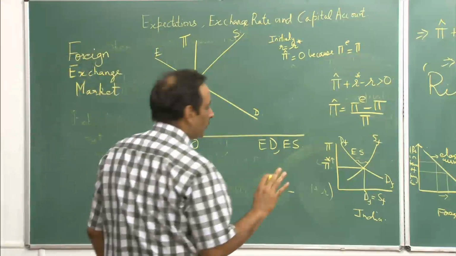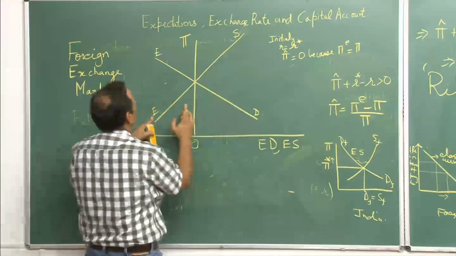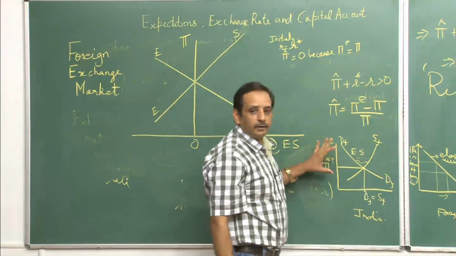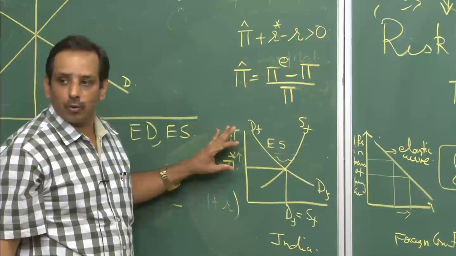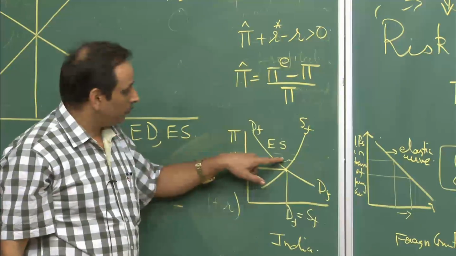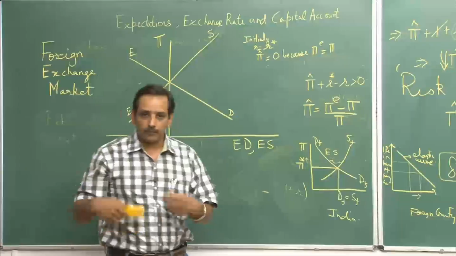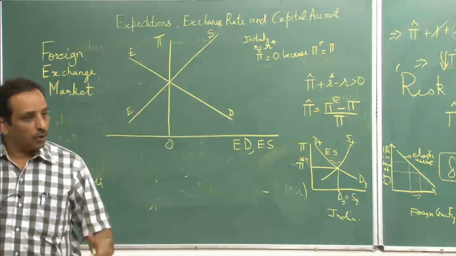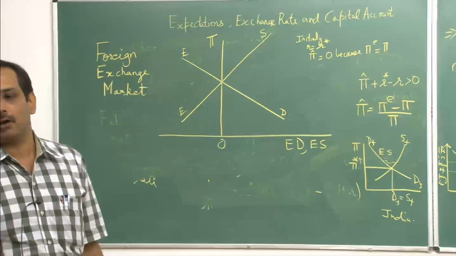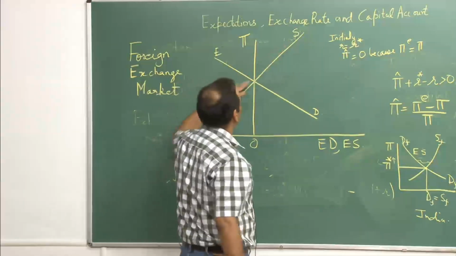So, we are assuming an upward sloping ES curve, assuming that the Marshall-Lerner condition holds, and if pi increases beyond pi star, the excess supply increases, because as the foreign currency appreciates or your currency depreciates, you see an improvement in the current account balance. So, this ES curve is drawn under that assumption.